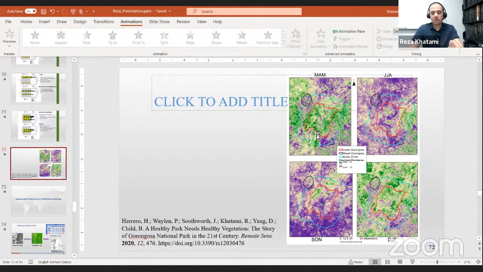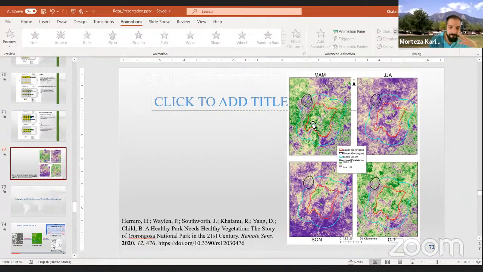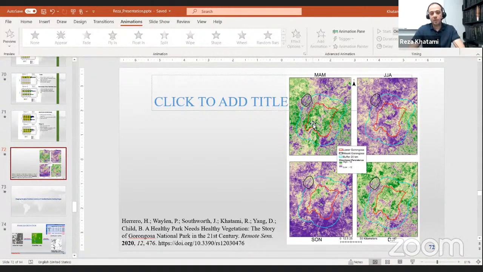The persistence metric showed that for some seasons, we can see a greening trend inside the parks, but negative persistence values outside the park. So again, the persistence metric can be used, for one year or several years, to show if there is a greening process or not.